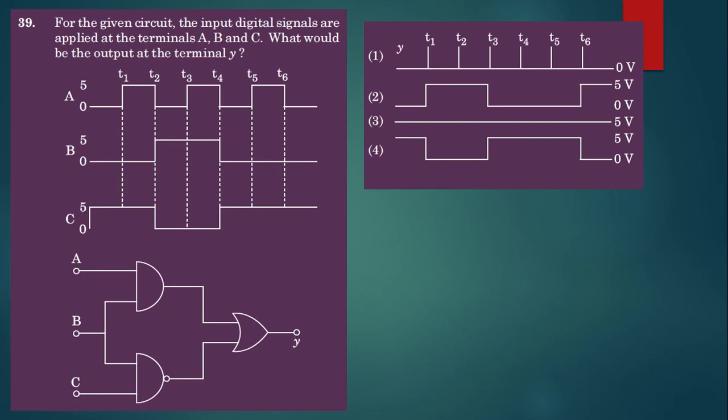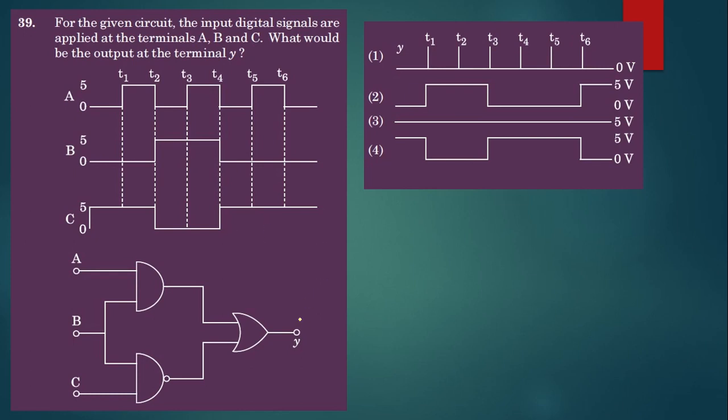This question belongs to digital electronics. Whenever a question based on digital electronics appears in front of you, you should note 2 points. In digital electronics, one logic circuit will be given. So how will you approach the problem? 2 things you have to remember.